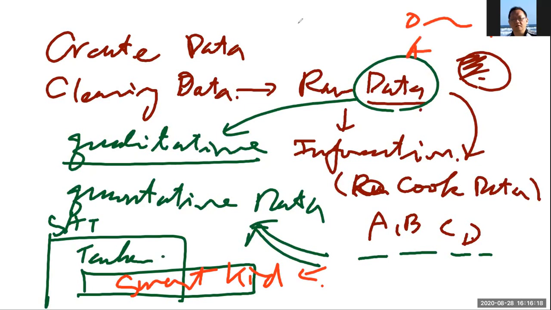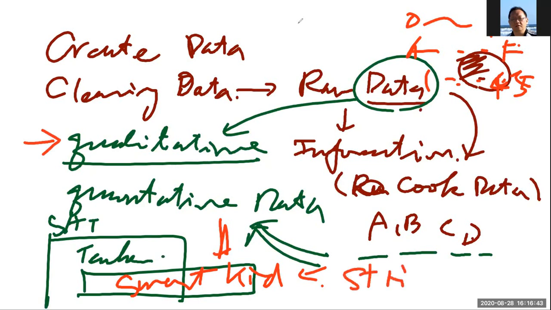It's not A, B, C, D, F, right? It's not that grade, and it's not 1, 2, 3, 4, 5 for the GPA. It is something called smart kid. So smart kid is not quantity. So those kind of information actually is qualitative data, and qualitative data usually is written down in string format. Is that okay?